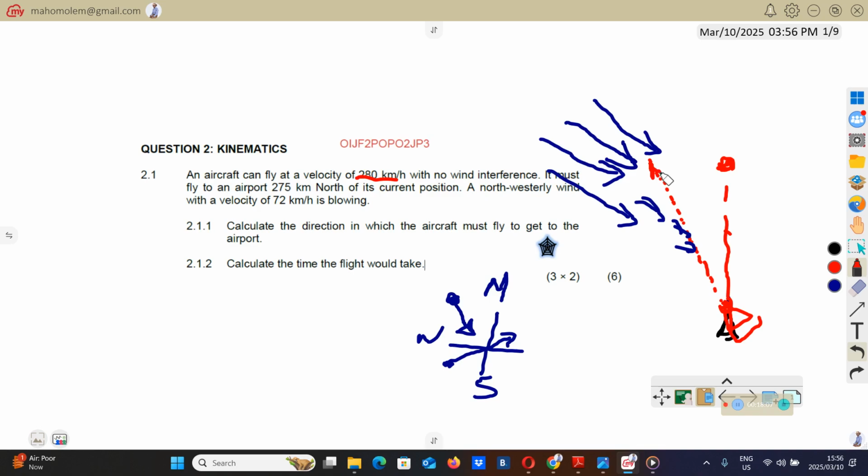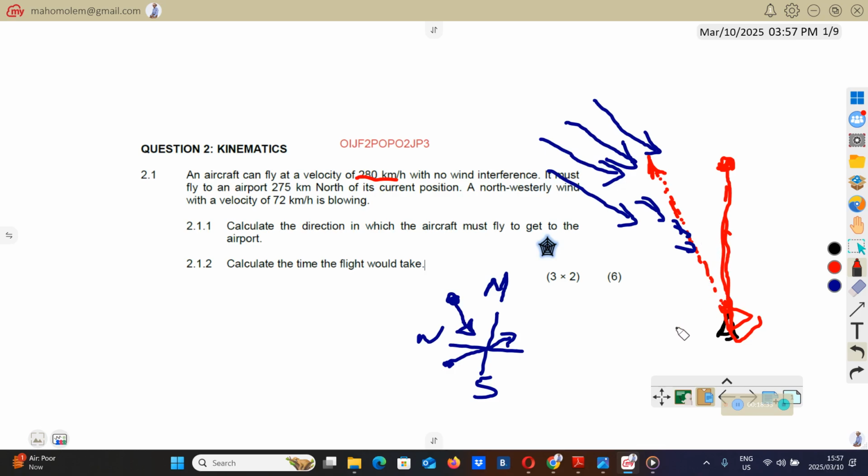So this body now, instead of moving like this, it will end up going vertically straight. That vertical movement is because of that push from this wind. So that push will result with the change in direction. Instead of this direction, it will take this direction.